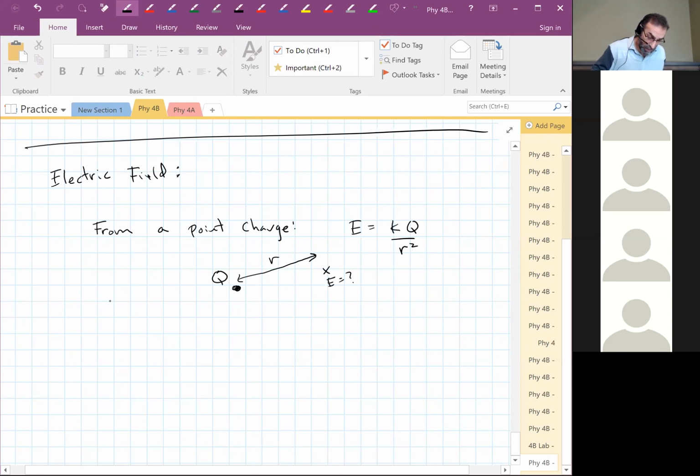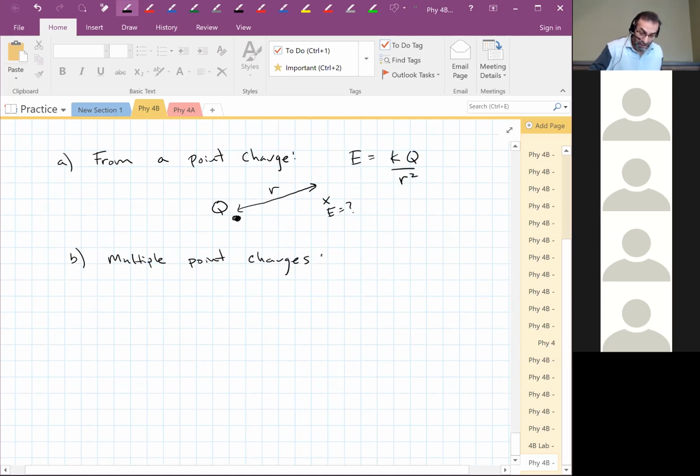Now we say, what about if we have multiple point charges? So we've got a Q1, a Q2, a Q3. Let's make these positive, positive, negative. And we want to know what's the electric field over here.